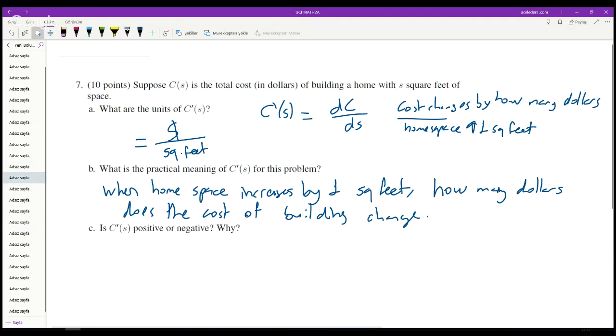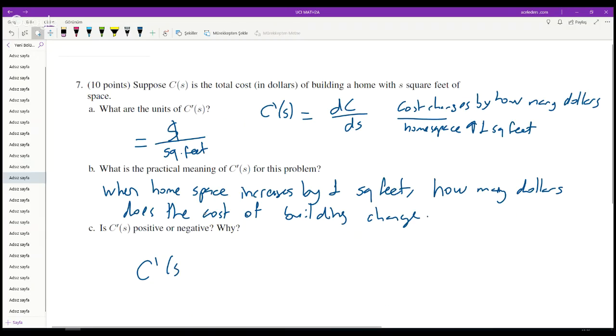And the third question: is C prime of S positive or negative? Why? I leave that to you. What do you think? When square feet increases, what happens to the cost of building? Positive, right? Correct.